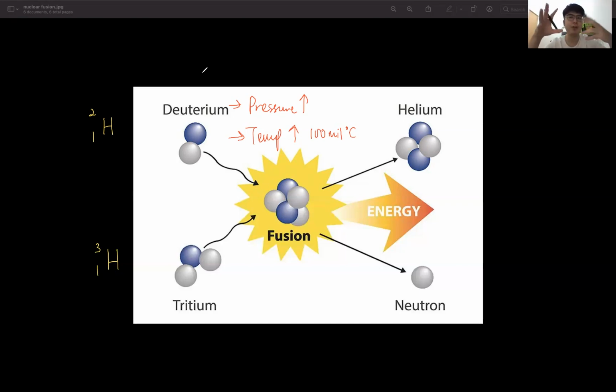Our sun is just a small star, considered like average size. In outer space, there are huge stars, like a million times our sun. Our sun is already so huge compared to us, right? So those stars run by nuclear fusion. That is where they get the light energy and the heat from.